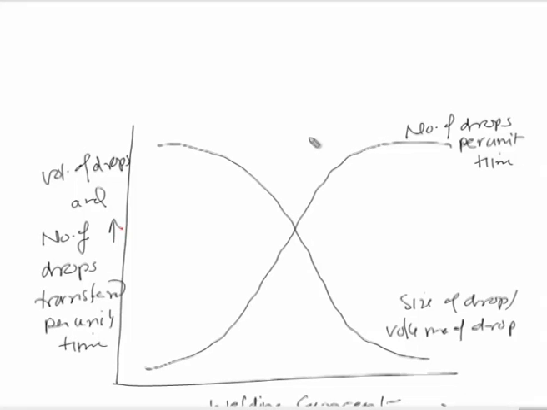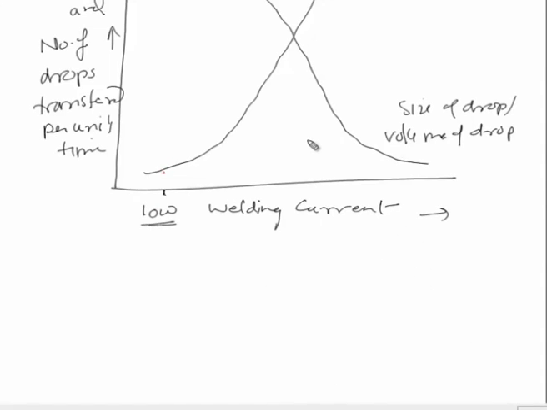Looking at these two characteristics of the molten metal drops being transferred during welding as a function of the welding current, at a low current level the number of drops is very limited, maybe 10 to 15 per second.